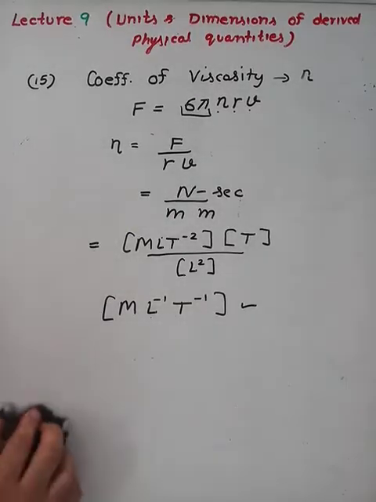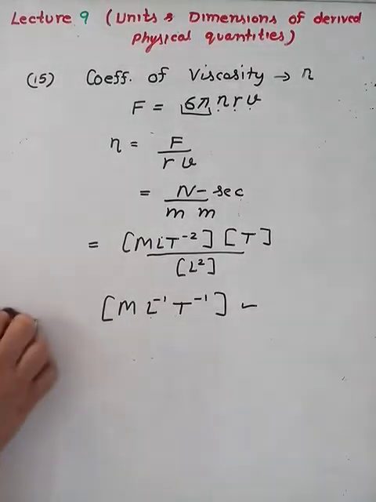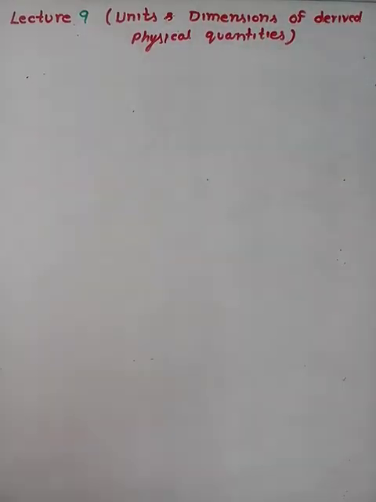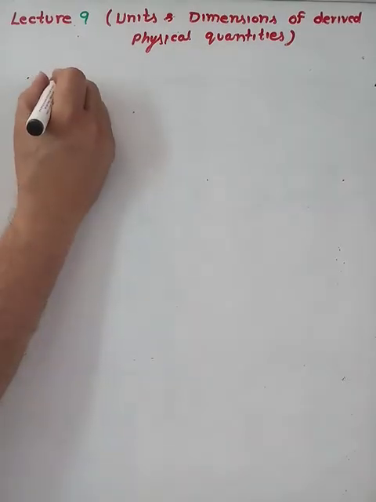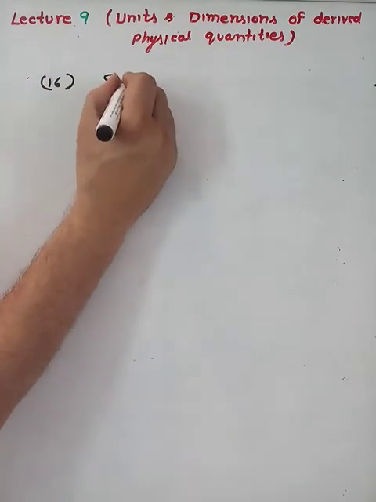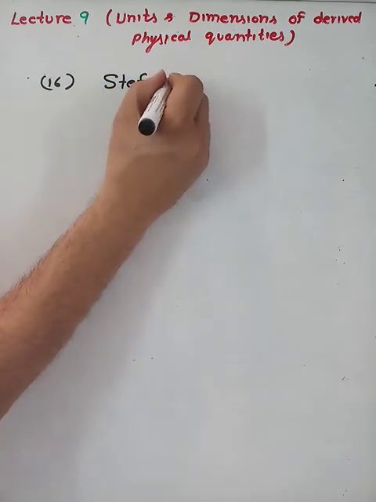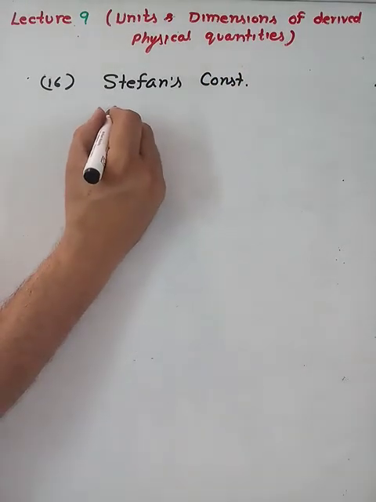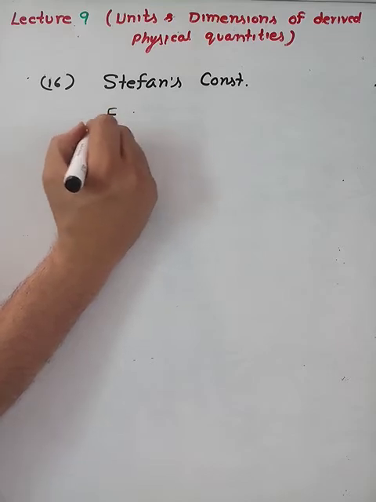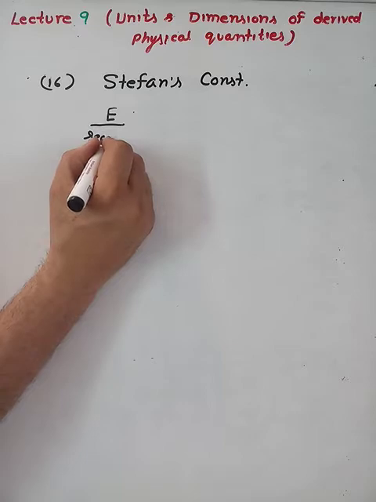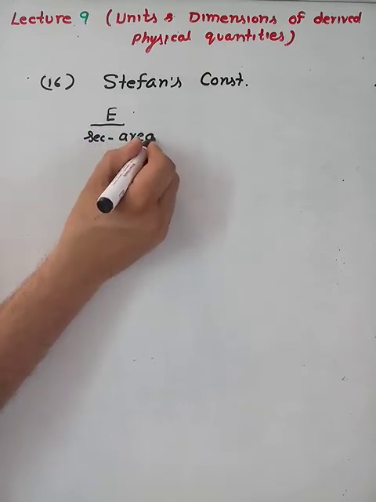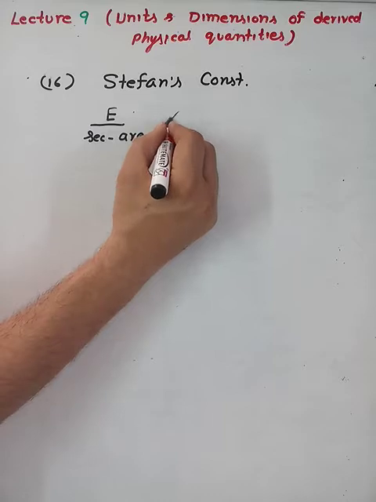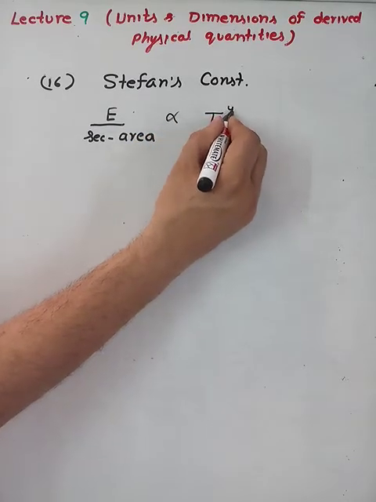Now next is Stefan's constant. Number 16 is Stefan's constant. It is defined as the energy per second per unit area through any light source, which is directly proportional to the fourth power of temperature.